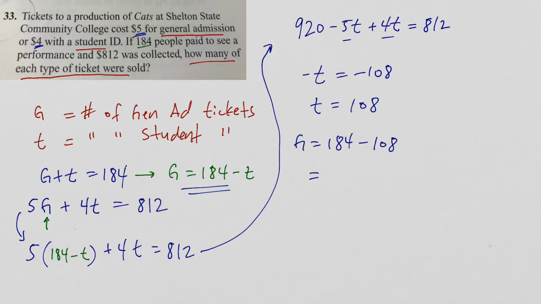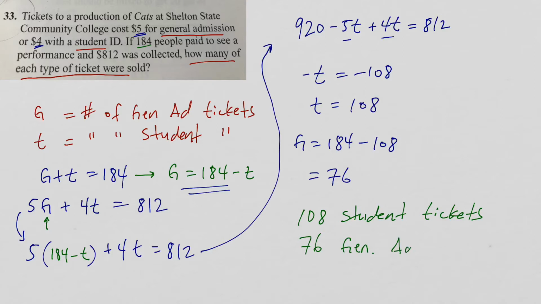So this is 76. So our final answer is 108 student tickets and 76 general admission tickets.